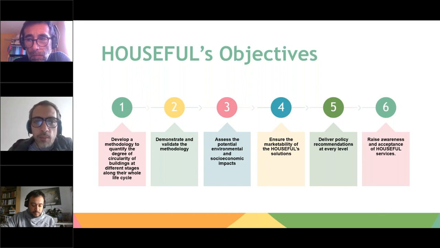Other objectives are to demonstrate and validate this methodology in the different pilot cases, to assess the potential environmental and socioeconomic impacts, to ensure the marketability of the Houseful solutions, deliver policy recommendations at every level, and raise awareness and acceptance of Houseful services.